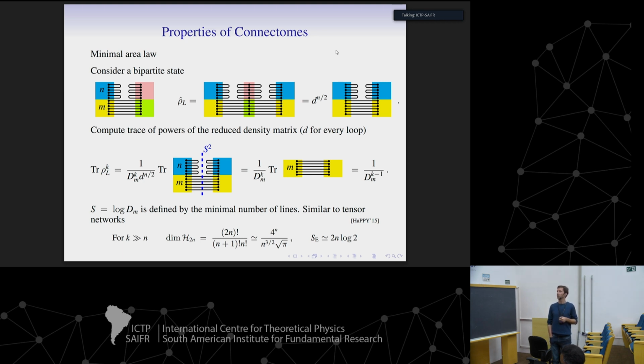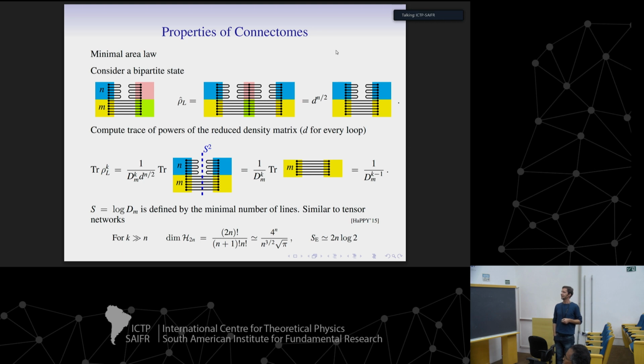So if you have all of them connected, that's maximally entangled. If you have less, then you can think of it as defining the rank of the matrix in the Schmidt decomposition of the representation of the state. In this case, if you assume the level is very large, the dimension of the Hilbert space is given by Catalan numbers.